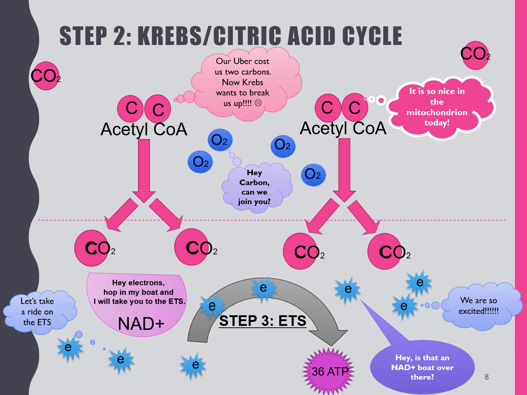Okay, so what happens next? What happens next is this acetyl CoA is going to get broken up again, all right? And when that happens, we have more oxygens that are going to be joining with those free carbons, right?